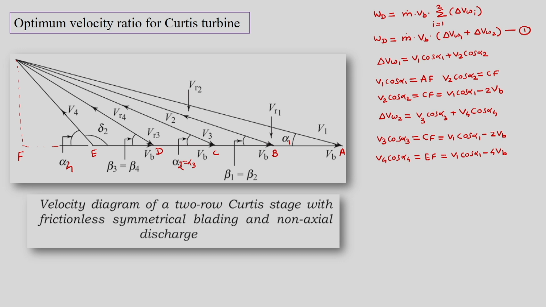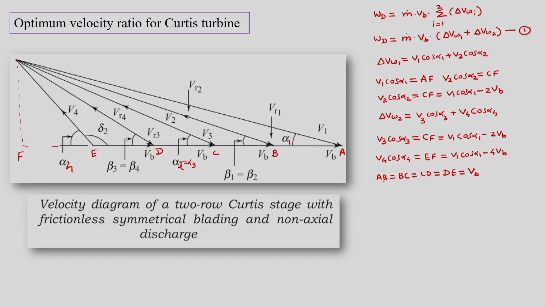Since as per this diagram we have AB equal to BC equal to CD equal to DE equal to Vb.